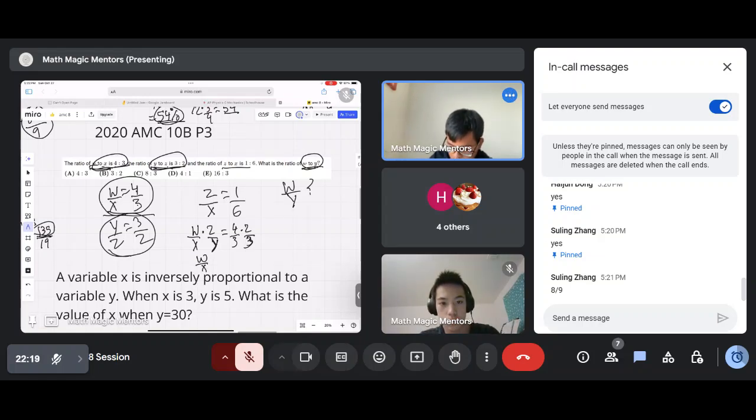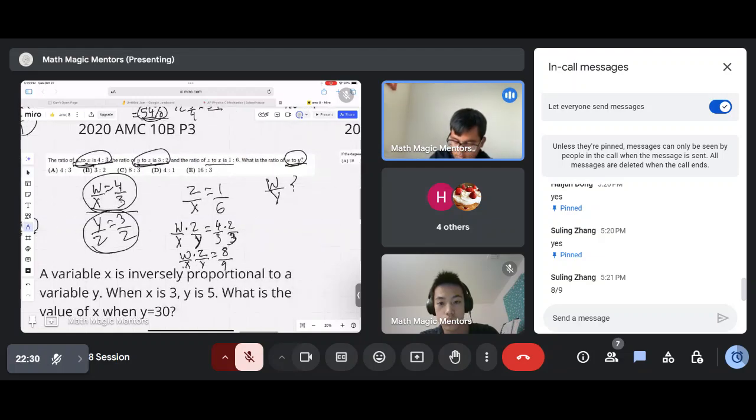So w over x times z over y equals 8 ninths, right? Now, does anyone see how we can rewrite this left side to get our desirable result?